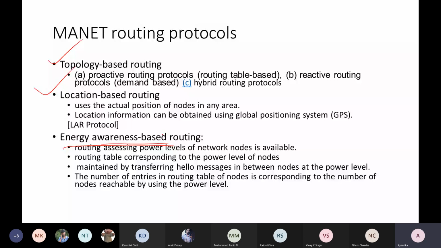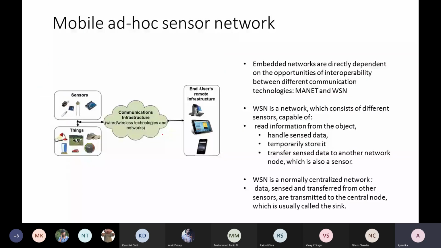So when we talk about this embedded network, we are mostly interested in mobile ad hoc sensor networks, where we consider both the mobile ad hoc network and the wireless sensor network, where each node is basically related to handling sensed data, temporarily storing it, and transferring the sensed data to another network. Whereas the wireless sensor network is normally a centralized network.